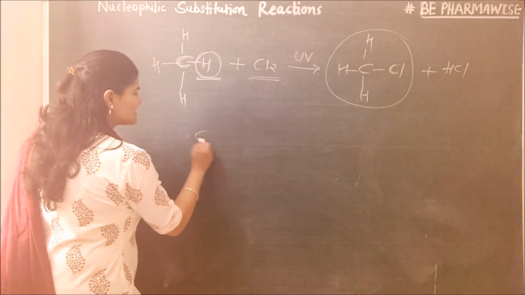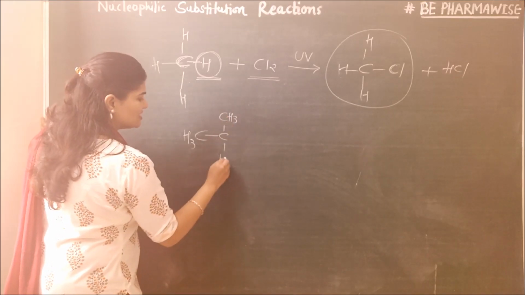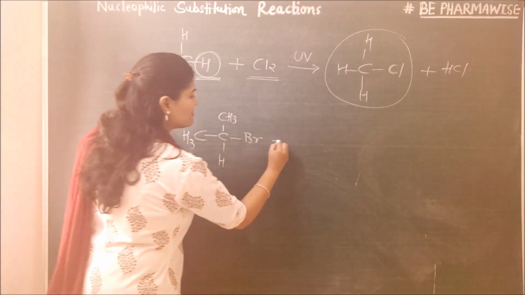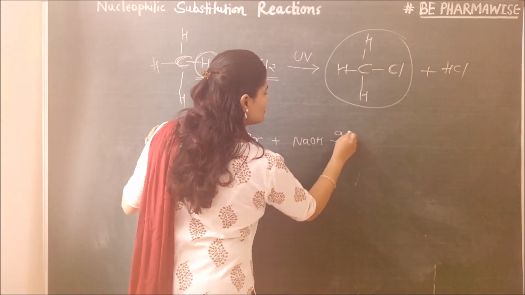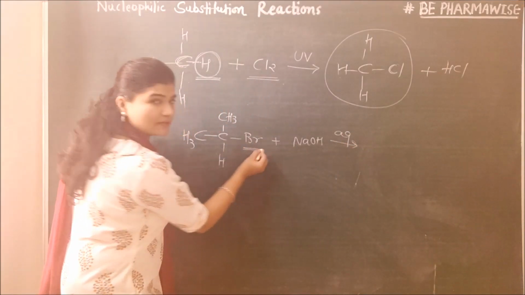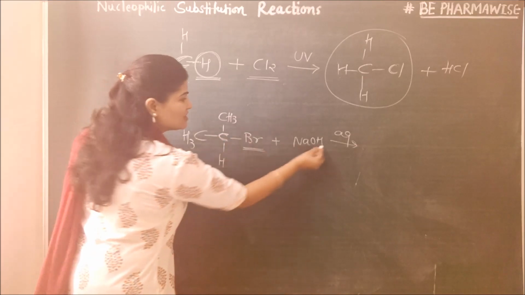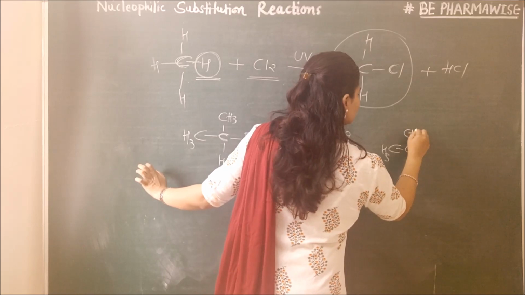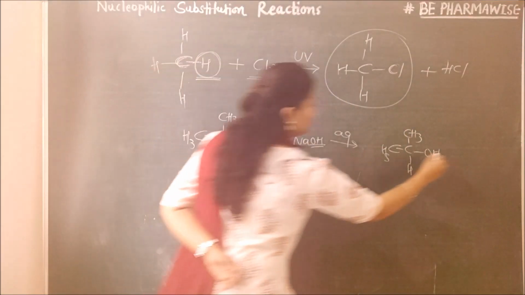Let me take one more example. Suppose CH3CH2Br is the compound, and it is reacted with aqueous NaOH. What happens? This bromine atom, which is directly attached to carbon, is replaced by OH and you will get CH3CH2OH and NaBr.